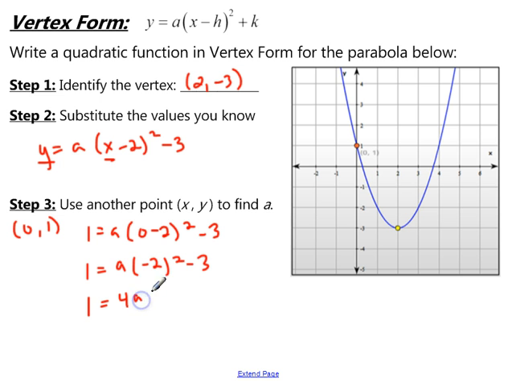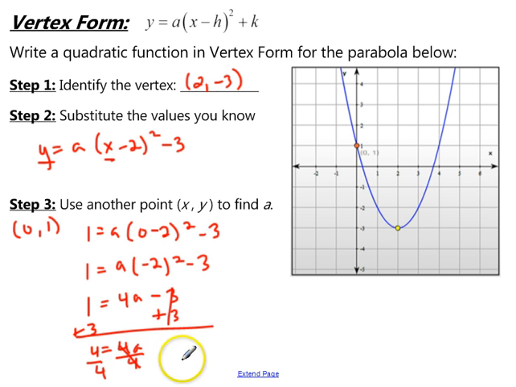So we have 4a - 3. To solve this equation for a, we want to add 3 to both sides, and then we have 4 = 4a. Then divide both sides by 4, and we are left with a = 1.